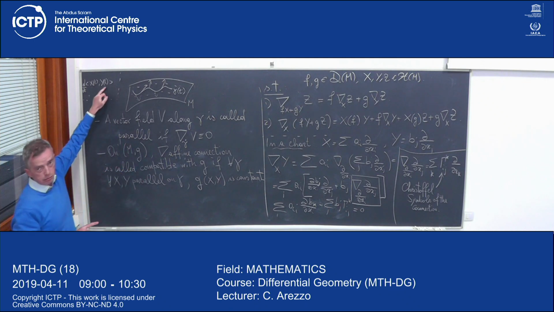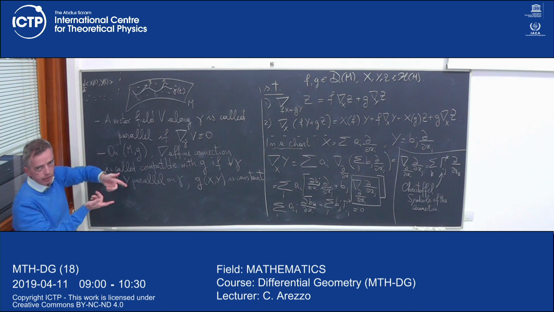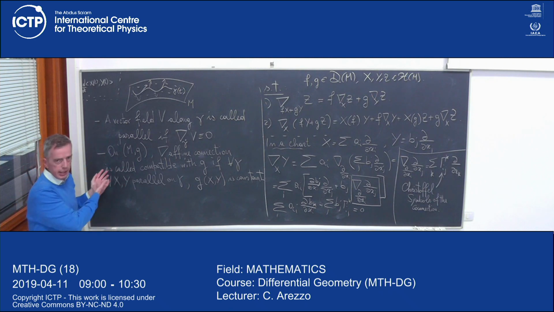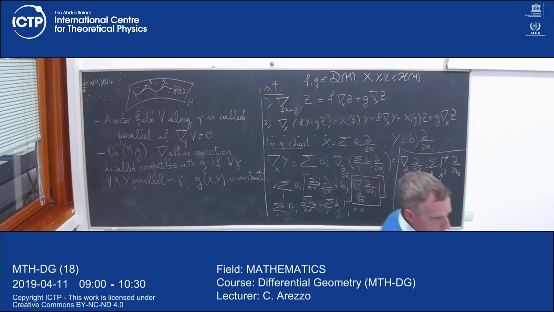In the classical case, what was going on? Parallel in the classical case means the components are constants. So if I take the scalar product and take the derivative, I get 0. So this seems obvious in Rn. The usual differentiation satisfies this property trivially. But now we have to impose it.